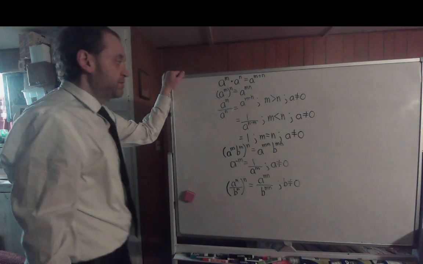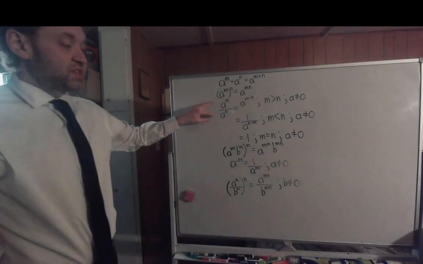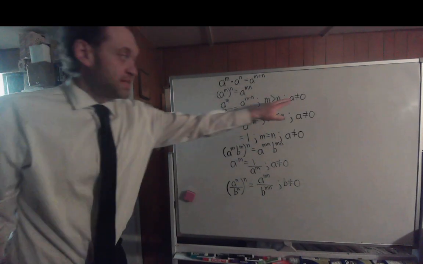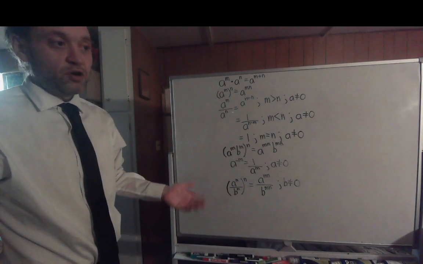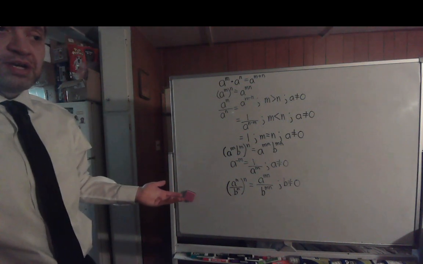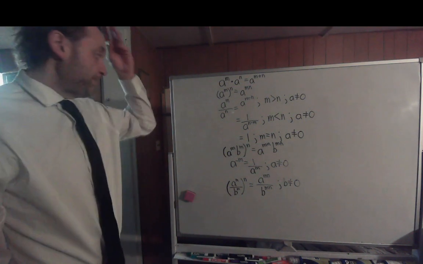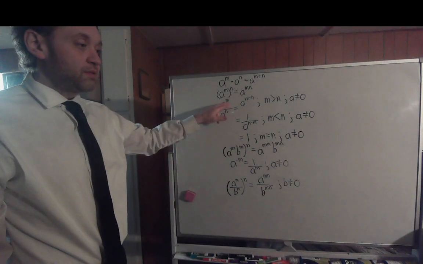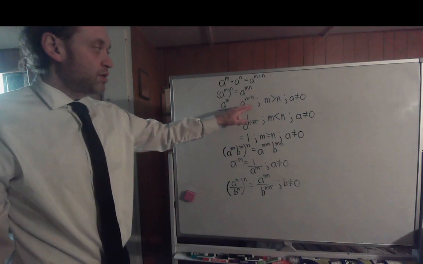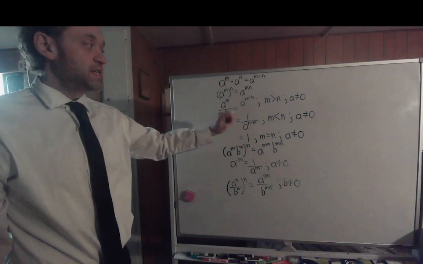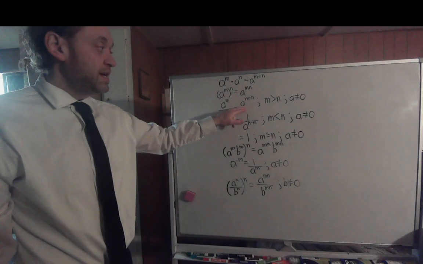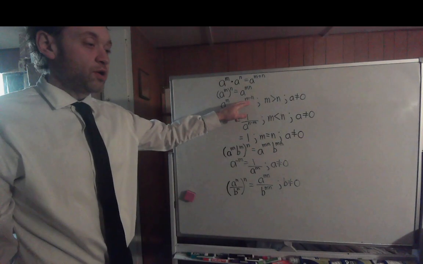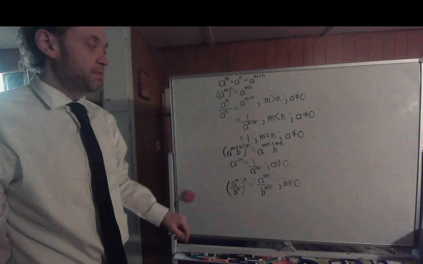So if you have two of the same base, as long as that base is not equal to 0 in each of these three cases, because 0 in the denominator would give you something undefined. But if the power that the base is raised to in the numerator is greater than that of the denominator, then it's the same as that base to the power in the numerator minus the power in the denominator.